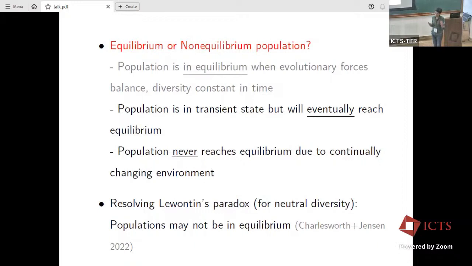It could be because of selection and other reasons as well. But one of the reasons which these authors say is that the reason we are not able to understand Lewontin's paradox is simply because the population may not be in equilibrium, right? So in general, let's look at diversity as a function of time. That's what basically I'm interested in.